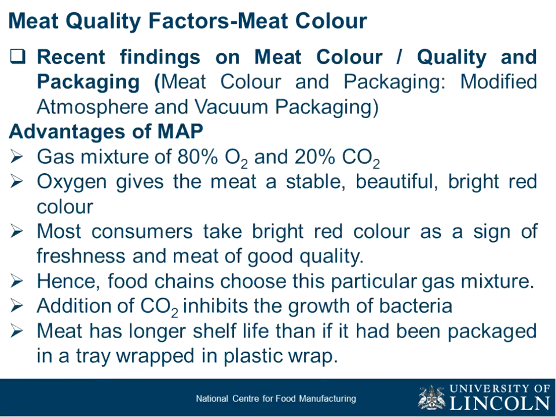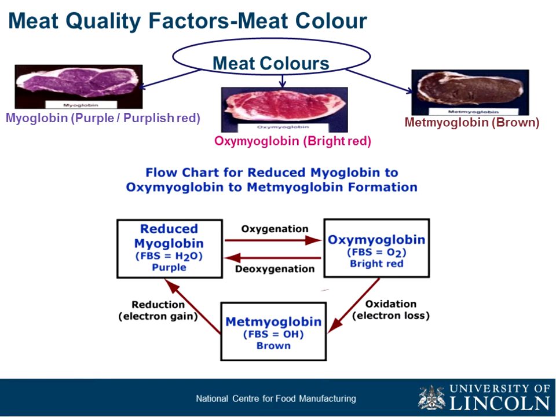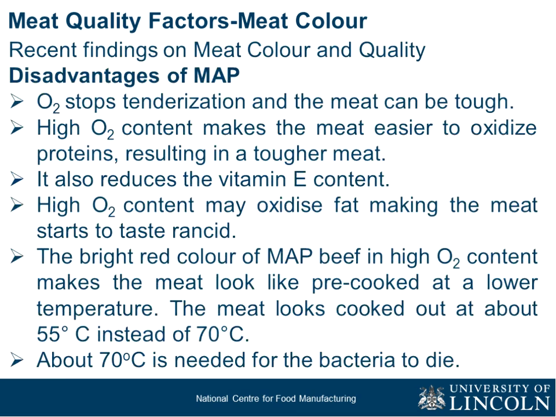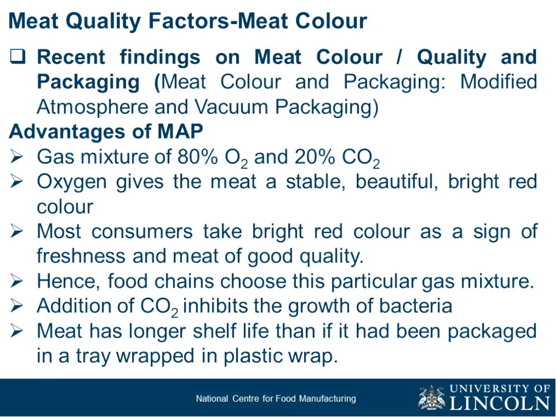If you look at the previous slide that I showed to you, because you have oxygen in that atmosphere and you are not losing that oxygen, it's there, it's intact. So it's going to be in this state. It's going to be bright red. You have that oxygen. That's what is doing it. If you look at the MAP gas nature, it's 80% oxygen and 20% CO2. This is what is preventing that. Okay? Do you understand that now?